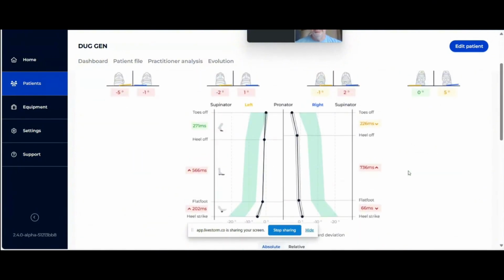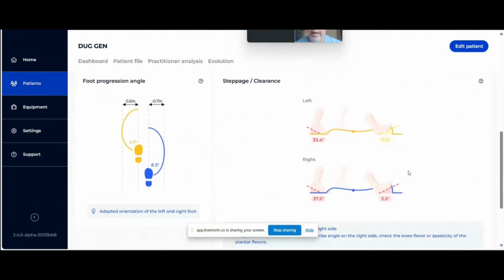So as you could imagine, based on the gait line, he's very much in an overly pronated position, and we see that even in his trajectory with regards to circumduction. He's not really good at getting any leg swing, especially on that right side.